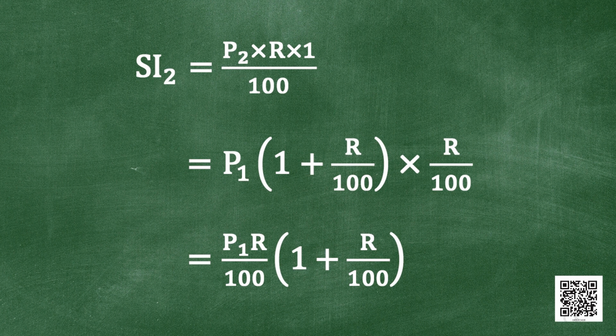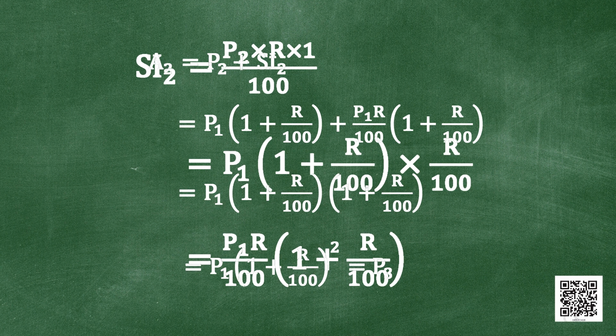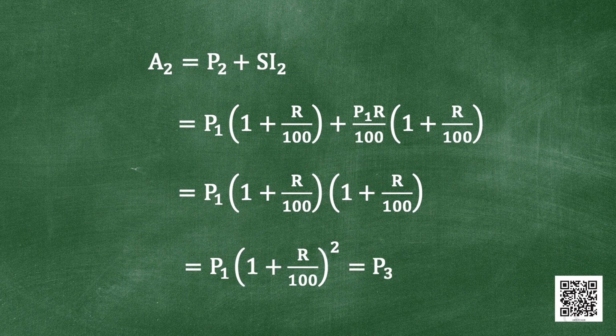So the amount at the end of the second year, that is given by A2, is equal to P2 plus SI2. So we know that P2 is nothing but P1 times 1 plus R by 100, plus just now we found SI2 is nothing but P1 R by 100 times 1 plus R by 100. Now let us take the common term as P1 times 1 plus R by 100.